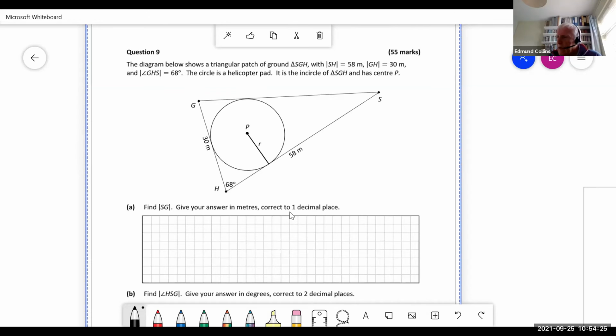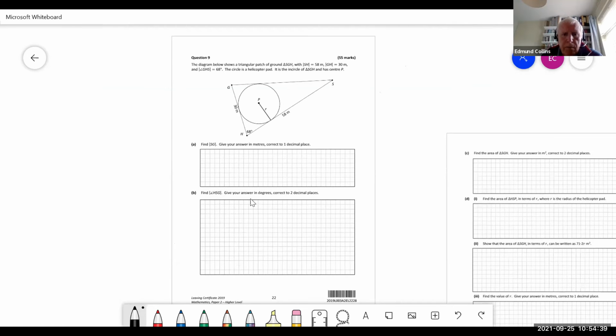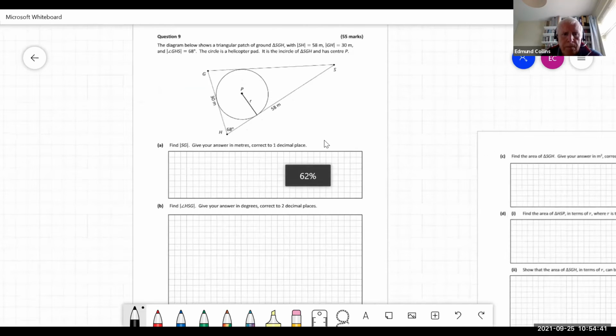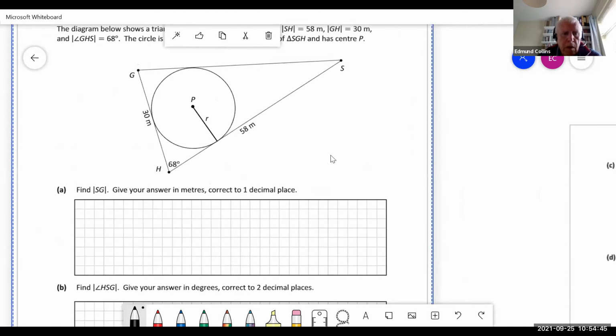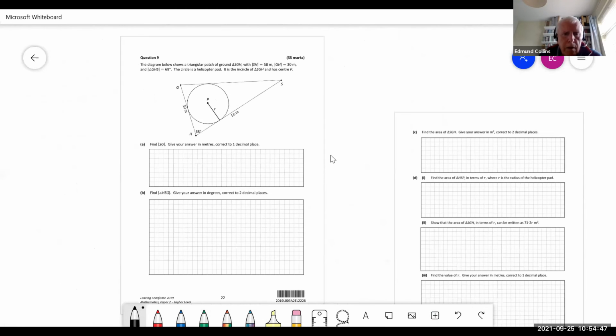So that's the key here. So remember, from the cosine rule, it's in this format, but we're going to write it out in this way.